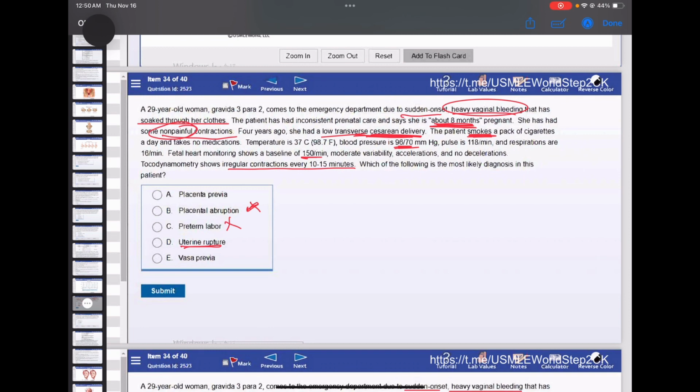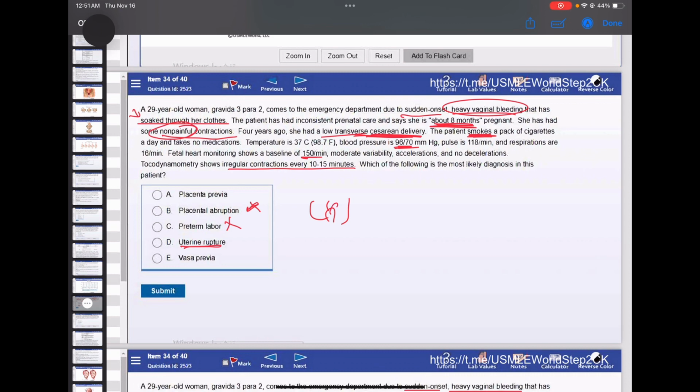the diagnosis, but in uterine rupture, you would see some other sort of indications. It would be painful, right? And the bleeding which is coming right through the vagina, soaked through her clothes, would be inside the abdomen where the uterus ruptured. The bleeding would be more on the inside. And then there would be tenderness, a lot of tenderness.